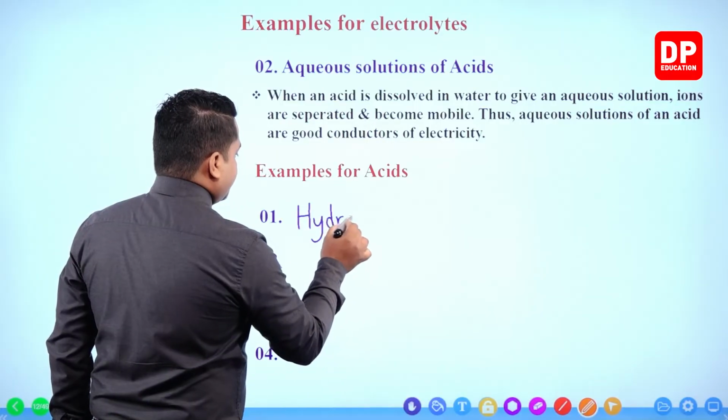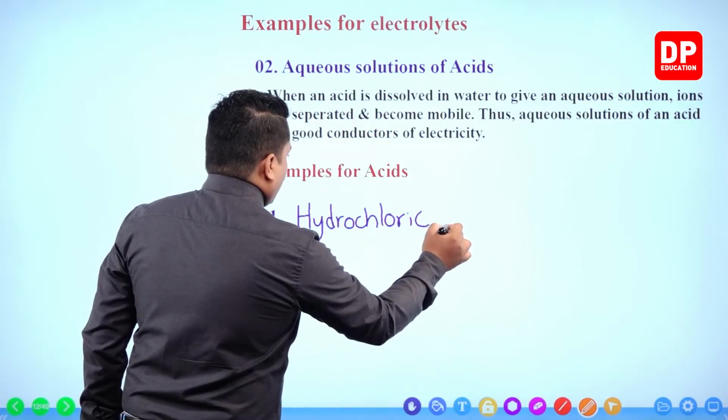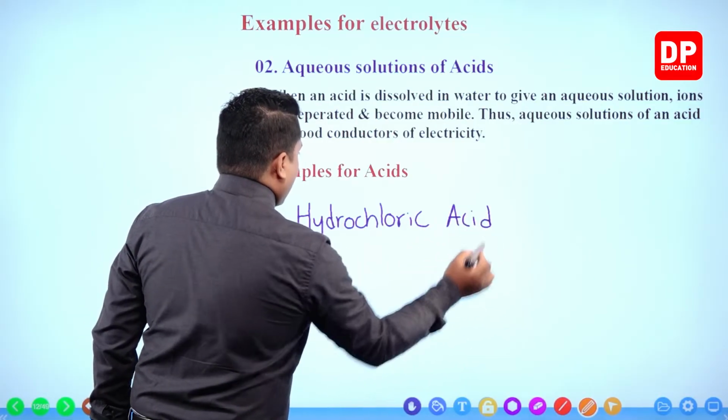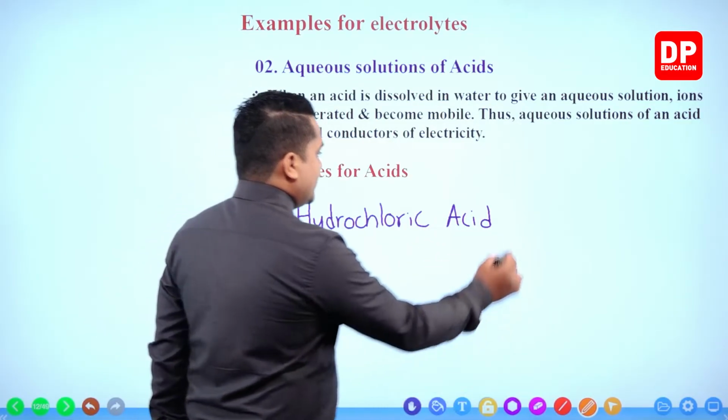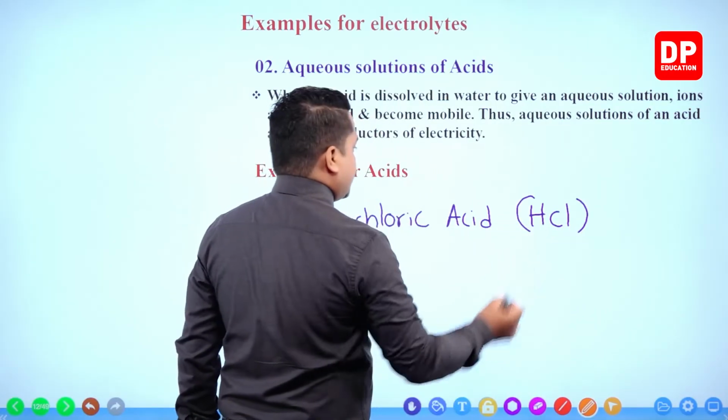hydrochloric acid. A very strong acid, hydrochloric acid. The chemical formula is HCl.